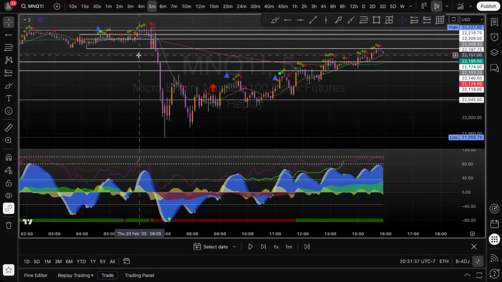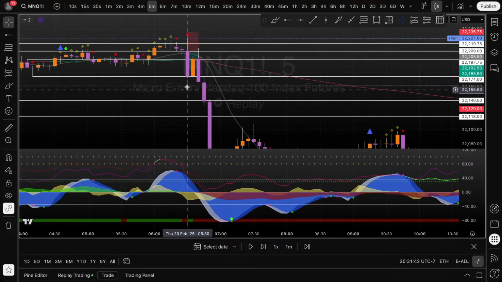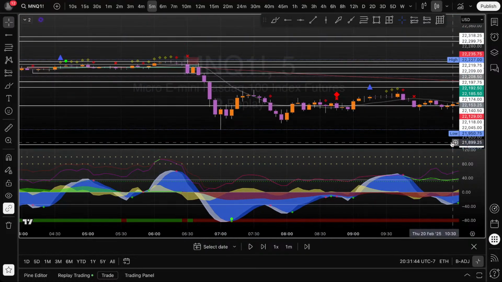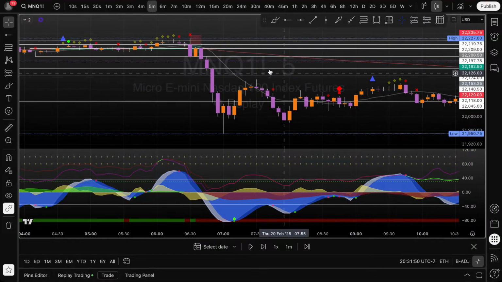Oh, there's our... I couldn't even see it because it was so small. Look, we were about to be in this short, folks. We were going to be in this short.